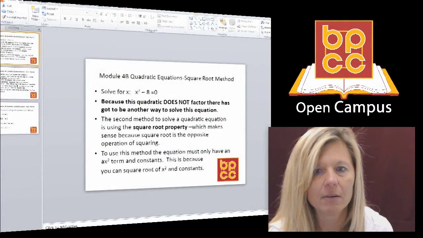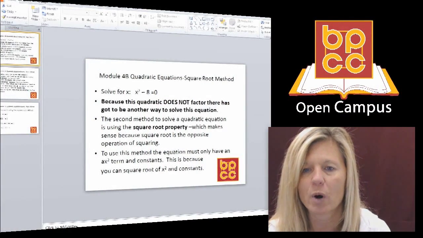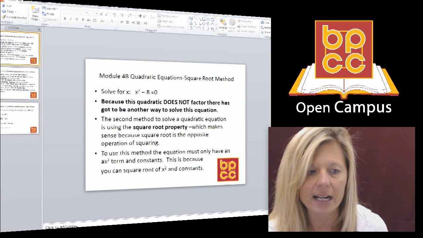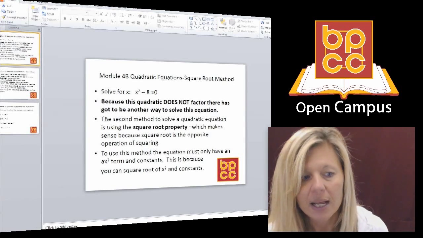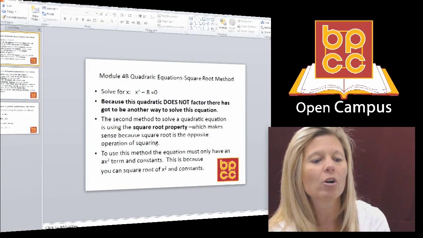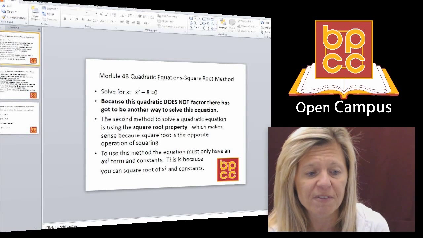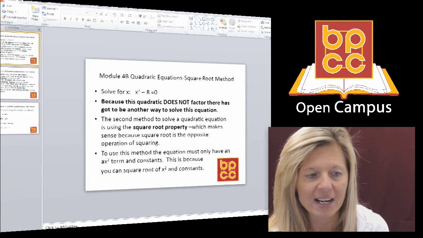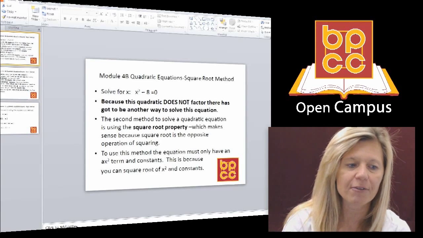If you look up here, I have the equation x squared minus 8 equals 0. It obviously is quadratic. You see the x squared. It's already set equal to 0. Step 1 is done. So what we learned the other module is that you would factor it. Here's the problem. Let's go through the rules of factoring. Can you do the GCF rule?